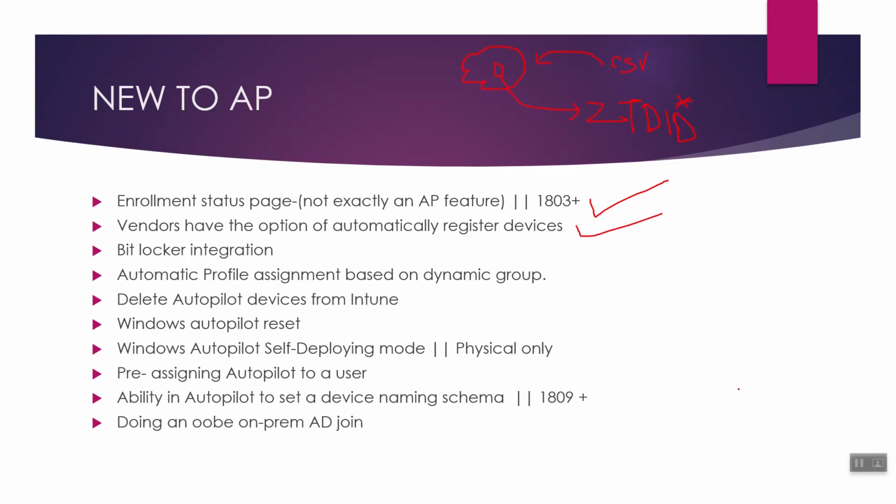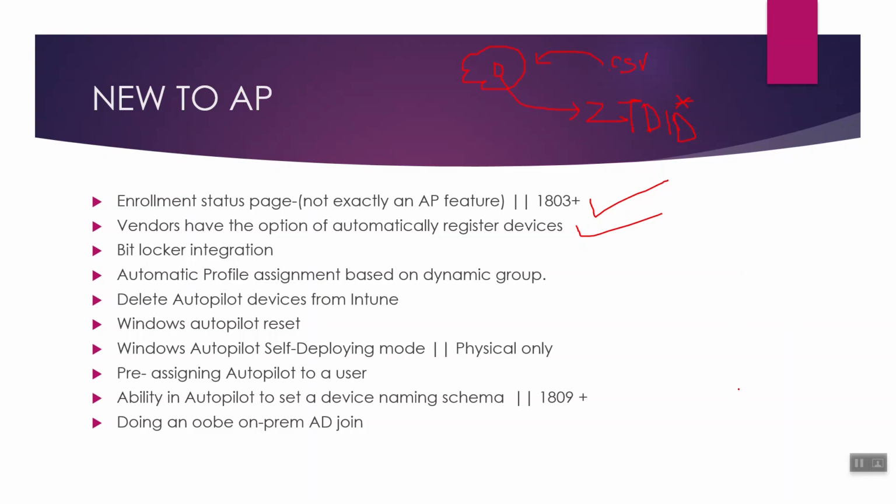Any other device which is enrolled to Intune, or any other device which is Azure AD registered or joined to Azure, is not going to have a ZTD ID. Only an Autopilot device, that is only a device which has been imported to the portal by the vendor or by the IT admin with the serial number and the product key and the hardware hash, is going to have this attribute.